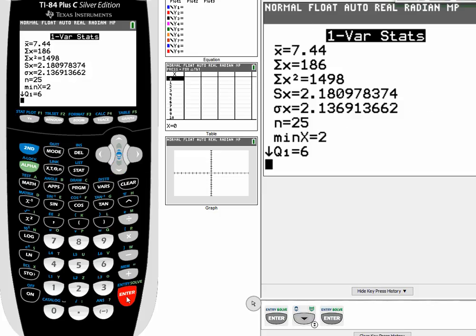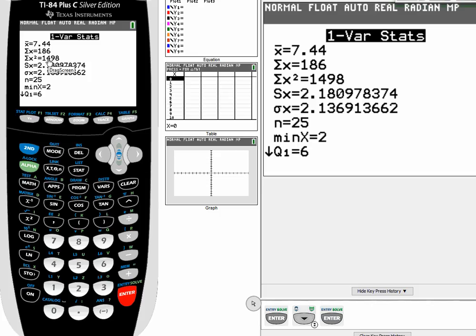and boom. So let's make sure that we know what the things are it's giving us, because in our previous work, we maybe didn't know what all these things stood for. See how it lists X bar as 7.44? Because the calculator doesn't know if it's a population or a sample, correct? So there's our mean. And this is the sum of all the x's.